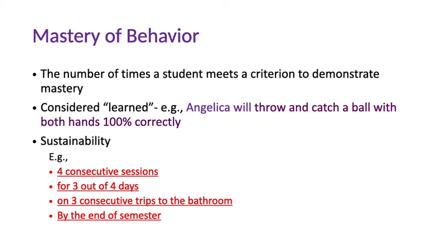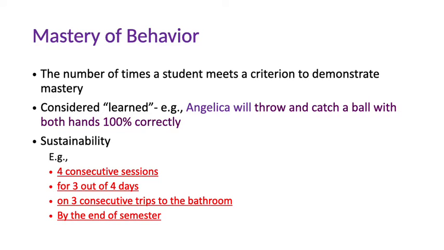The last one is mastery of behavior. If your student meets the criteria, let's say 100% correctly, one day, and then the next day your student goes back to a lower level like 20% or 30%, then we cannot say the student learned that behavior, right?